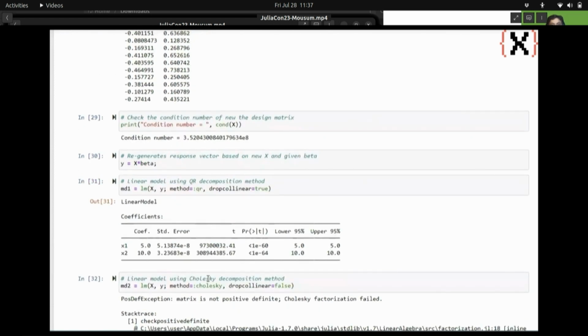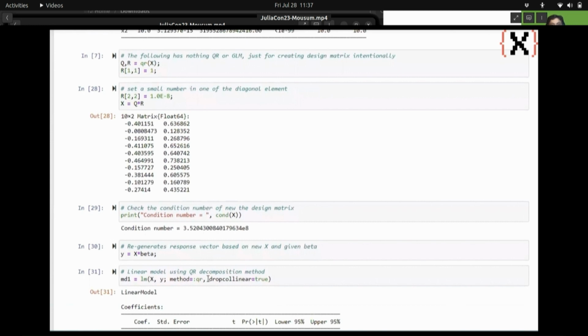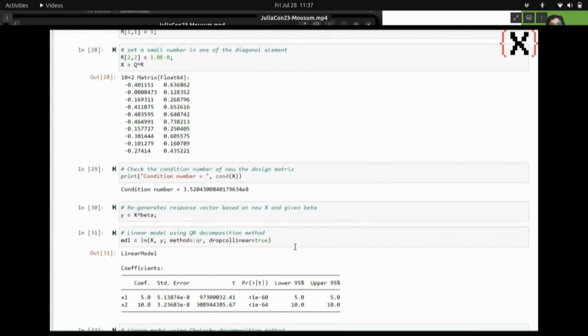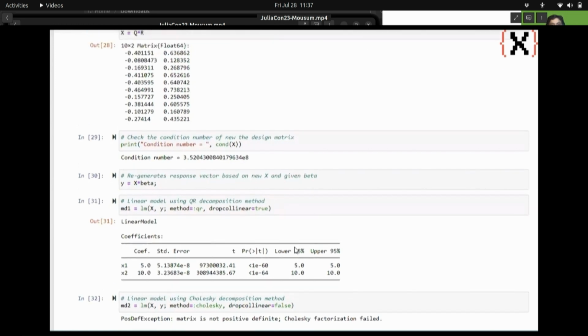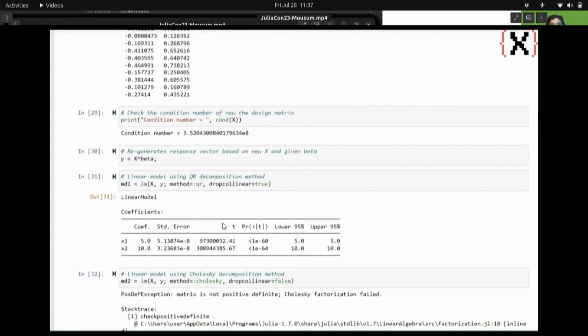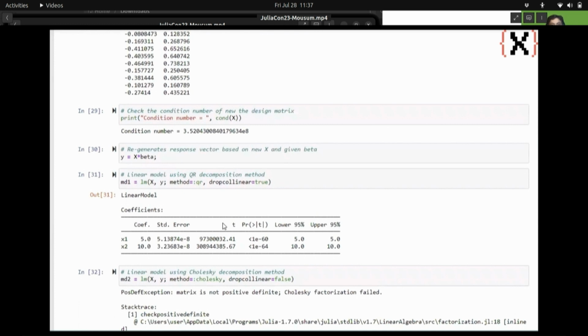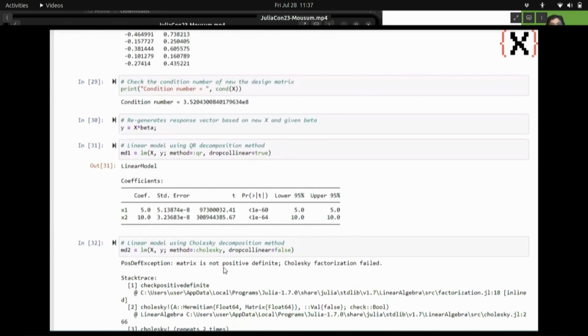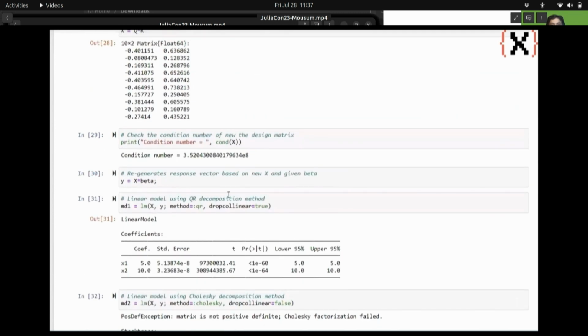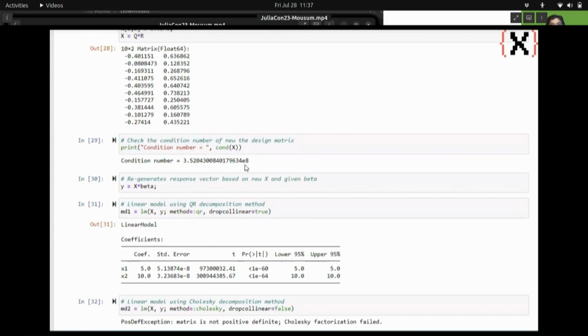When the condition number is greater than 10 to the power 8, we can observe that Cholesky decomposition detects singularity in the X prime X matrix. But you can see that QR decomposition is still giving perfect results.